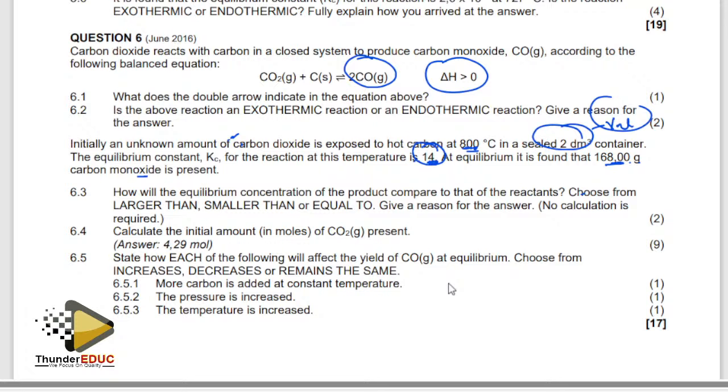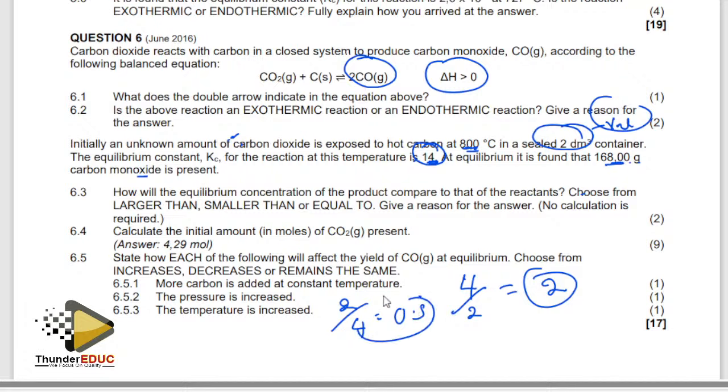If the product is 4 and the reactant is 2, the answer is going to be 2. You understand? And now if the product is 2 and the reactant is 4, the answer is going to be 0.5. So if the product is bigger, then the Kc is going to be bigger.